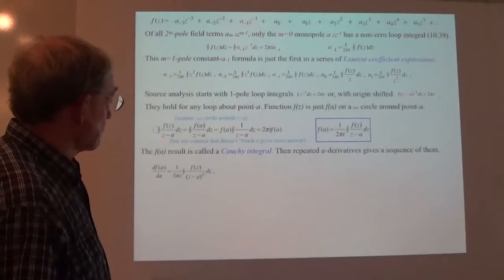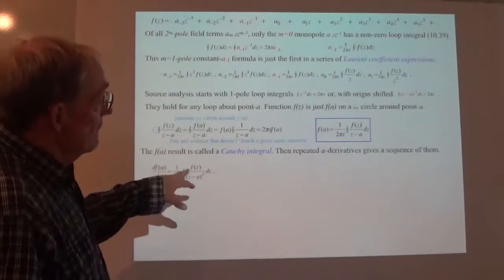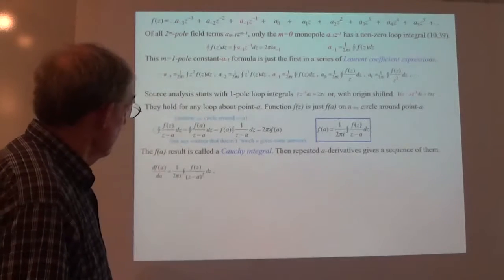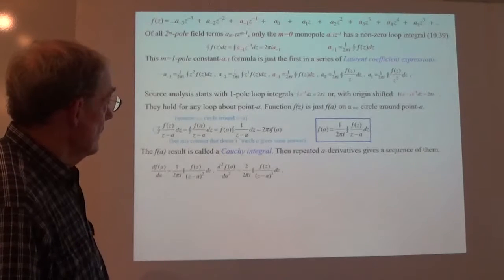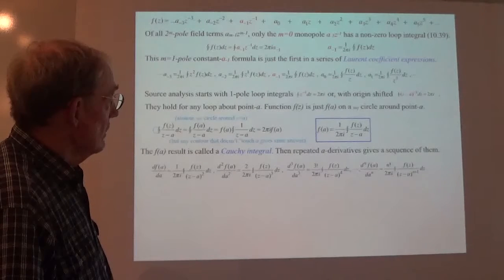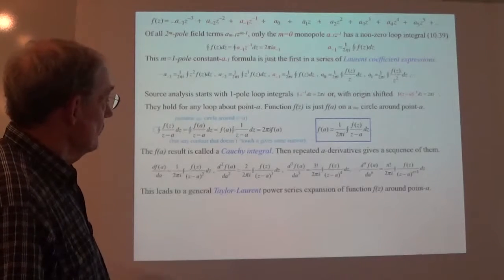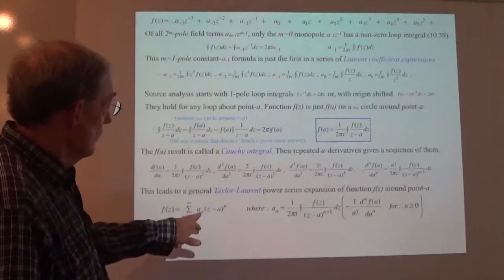And then what you do is you say, okay, I've got a function of a, let's take a derivative with respect to a, and get the next one, and so forth. And these are the coefficients. These are the coefficients of the Laurent series.